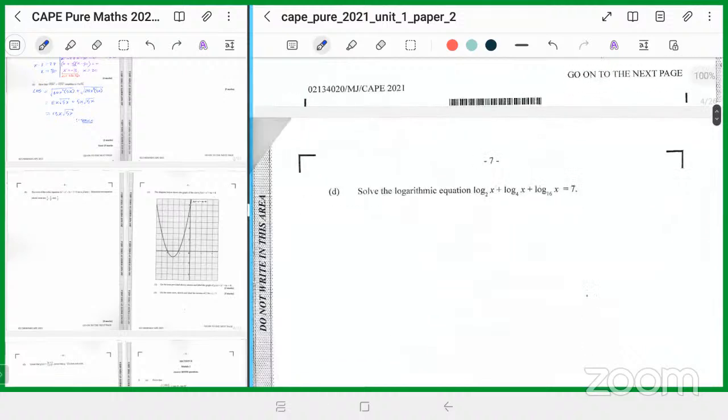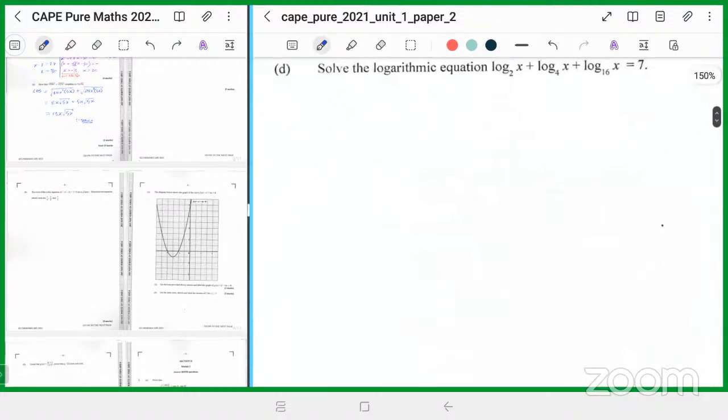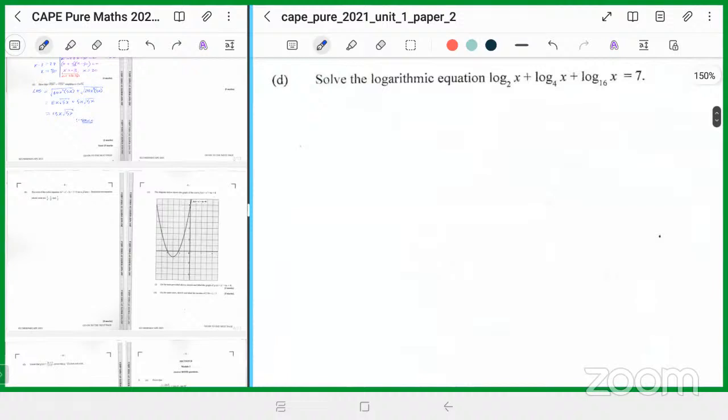All right. I'm gonna put this on the screen. Give you a minute to do it. Notice that the base is different. We bring everything to the same base using the change of base law. Remember, how the change of base law works is that the log of a value to a base is equal to the log of the value to the new base over the log of the base to the same new base.